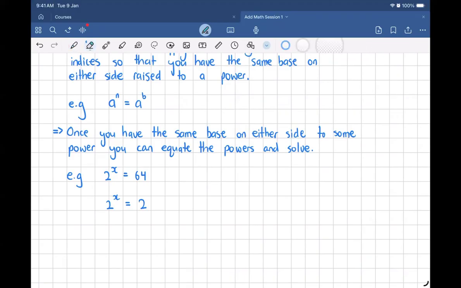Tell me, guys, 2 to what power would give you 64? Does anybody know? I could write 64 as 2 to the power 6. So 6.